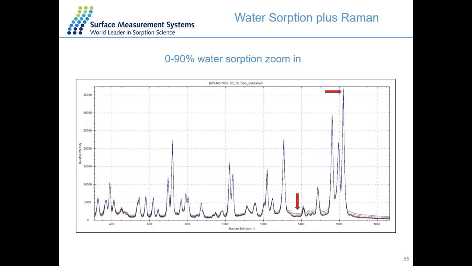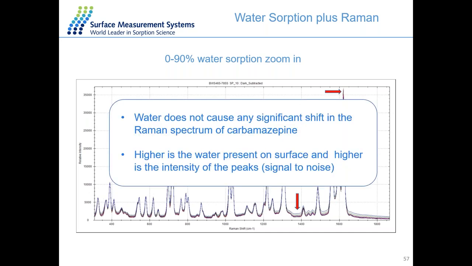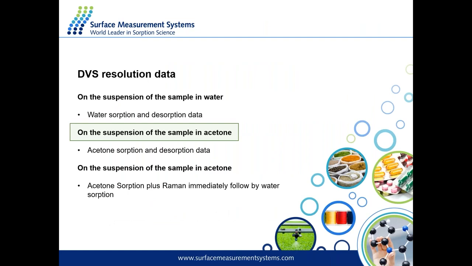So from the point of view of the hydrate, the Raman did not give us information. It just gave us a more intense spectra when we add more water, but no extra peak formation or shift in the peak position. That's our first experiment.